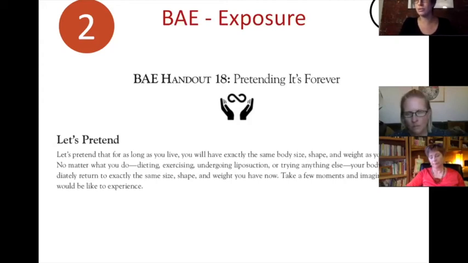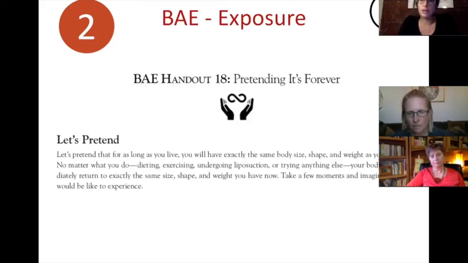And Sherry Levinson's work at the University of Louisville is really showing some promising stuff with using imaginal exposure to target fear of fatness. So that's very encouraging. So we have a bunch of different imaginal exposure exercises that we use. I really like this one.